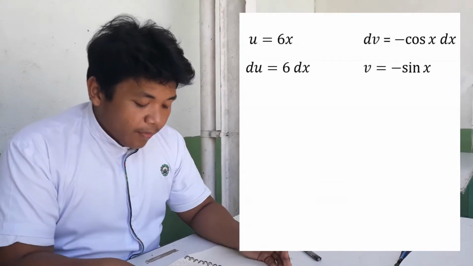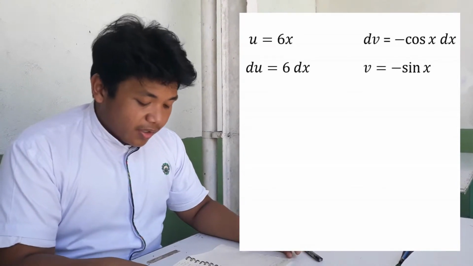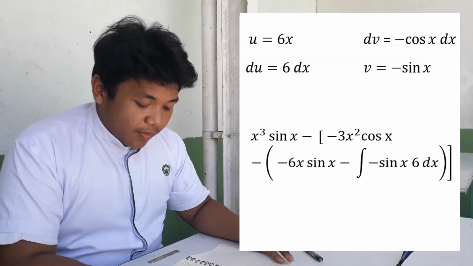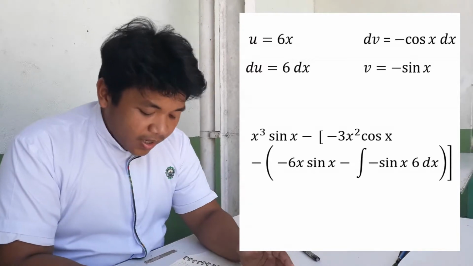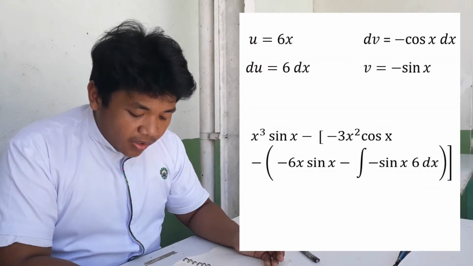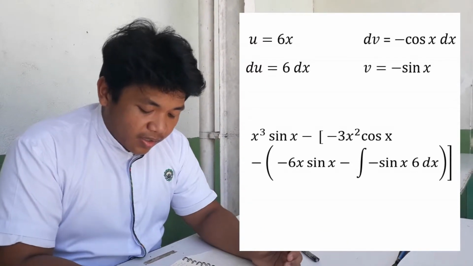And then we have x cubed sine x minus times negative 3x squared cos x minus times negative 6x sine x minus the integration of negative sine x times 6 dx. Now we can finally factor out one term, which is 6, and then integrate the negative sine x.